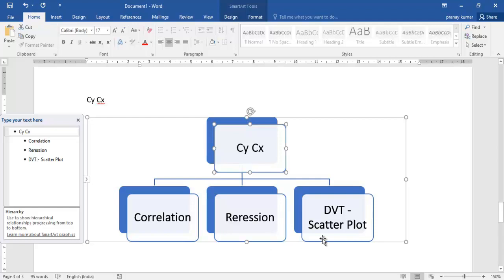And the data visualization tool, or the graph, that I can build in the CY-CX condition is the scatter plot.